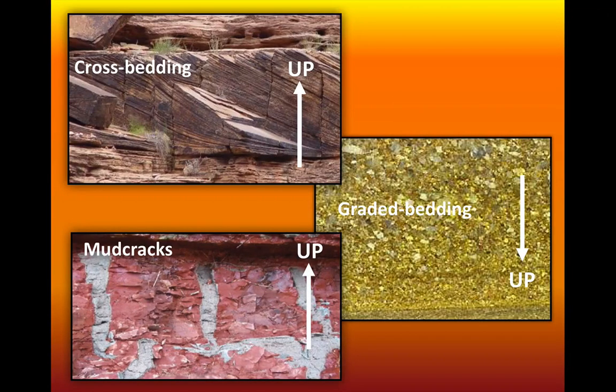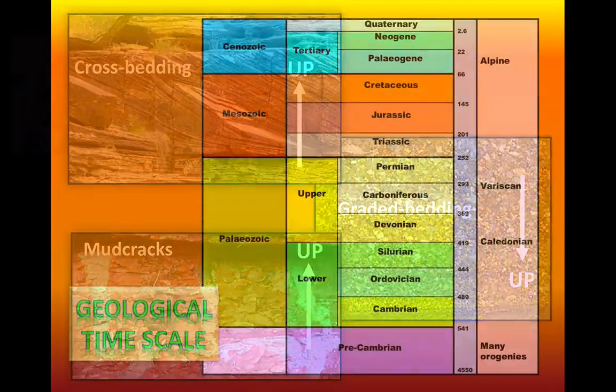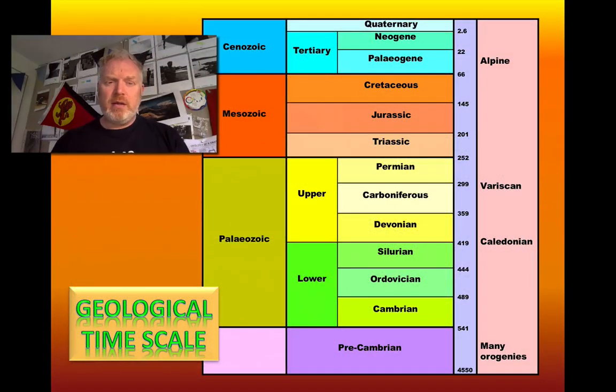So, what I'd like you to do, remembering the geological timescale that we looked at in the first lesson of this and using the one that I've given you on page 2 of your booklet, is work out the age sequences that you can see in the photographs on pages 4 and 5.